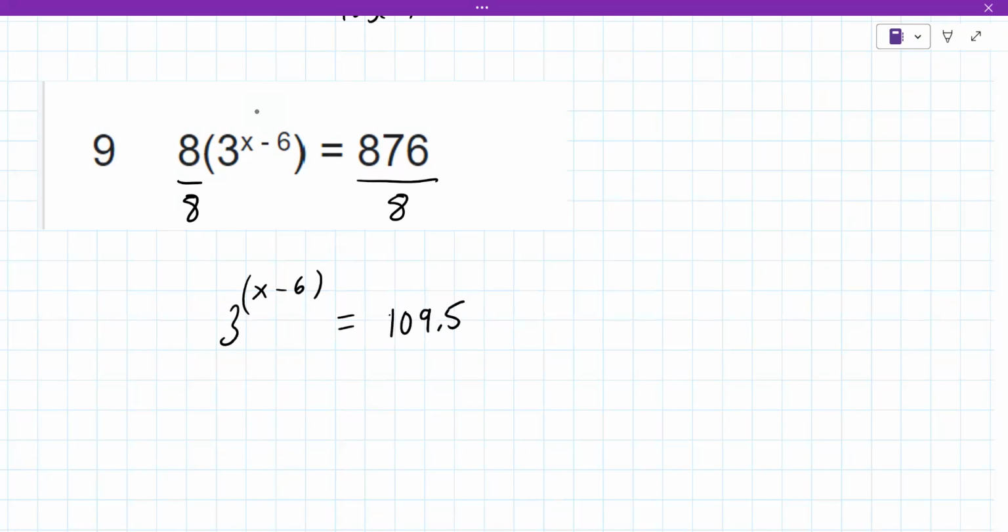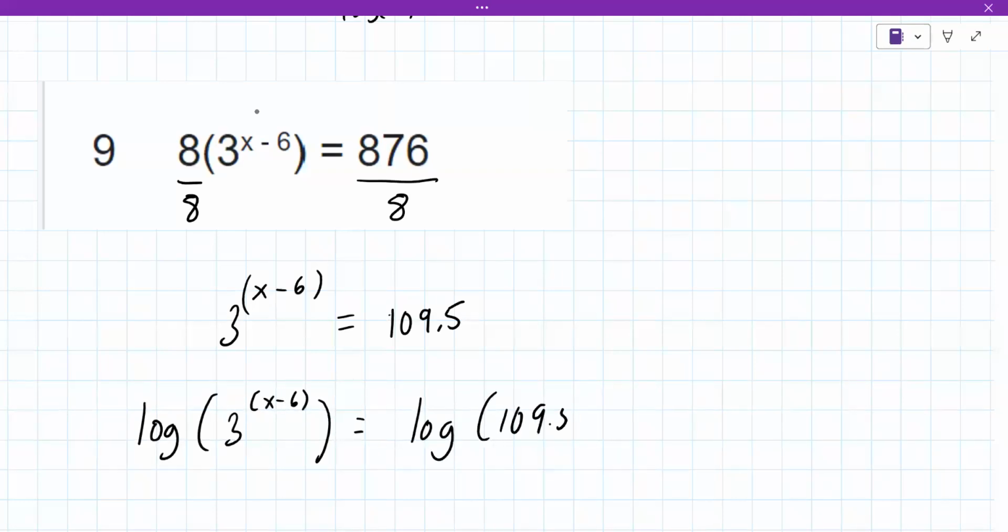All right, very good. Now, the next step here is to take the log of both sides using the logarithm of both sides. And you'll notice I like to put the thing that we're taking the logarithm of in parentheses, just to kind of keep it nice and tidy so we know what we're taking the logarithm of.